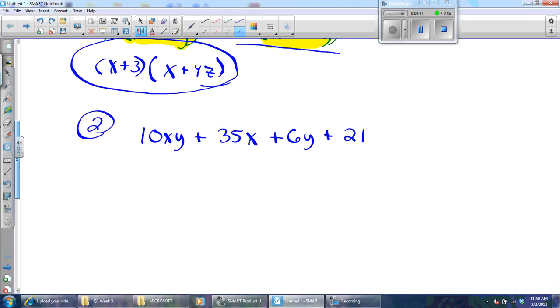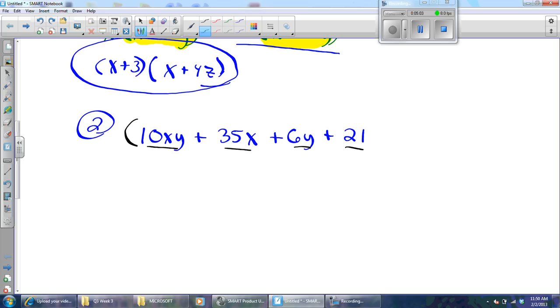Let's try it on this one. Okay, remember, first we need to group our 4 terms together into 2 pairs, but we've got to make sure the pairs have a GCF. Is there a GCF between 10xy and 35x? There is. Is there a GCF, other than 1 that is, between 6y and 21? There sure is.